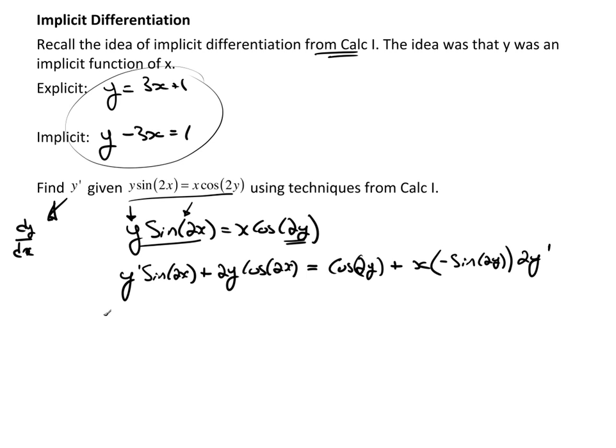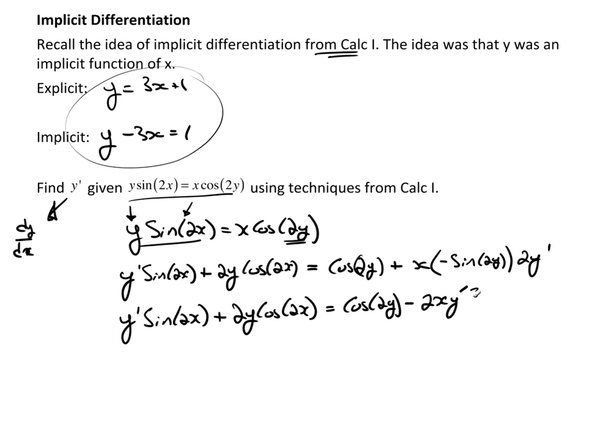So I'm going to write this again and just clean it up a little bit. This would be y prime sine of 2x plus 2y cosine of 2x equals cosine of 2y, I have a negative, so minus 2x y prime sine of 2y.